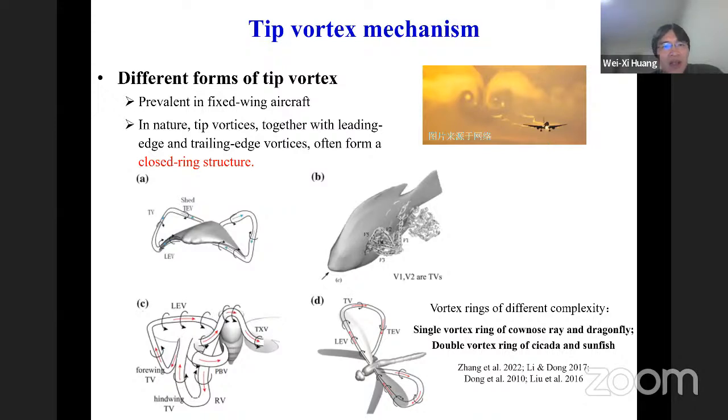This figure shows that the tip vortex, together with the leading edge vortex and the trailing edge vortex, forms a closed ring structure, like the single ring for the conus ring and the dragonfly, and the more complex rings for the cicada and the sunfish.